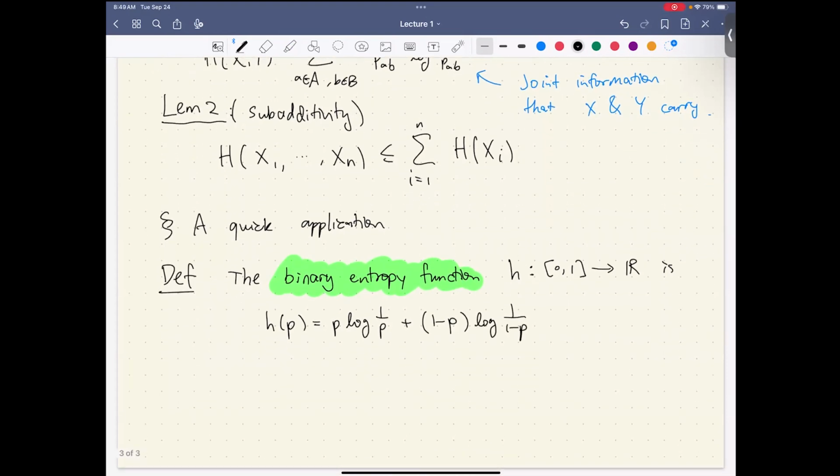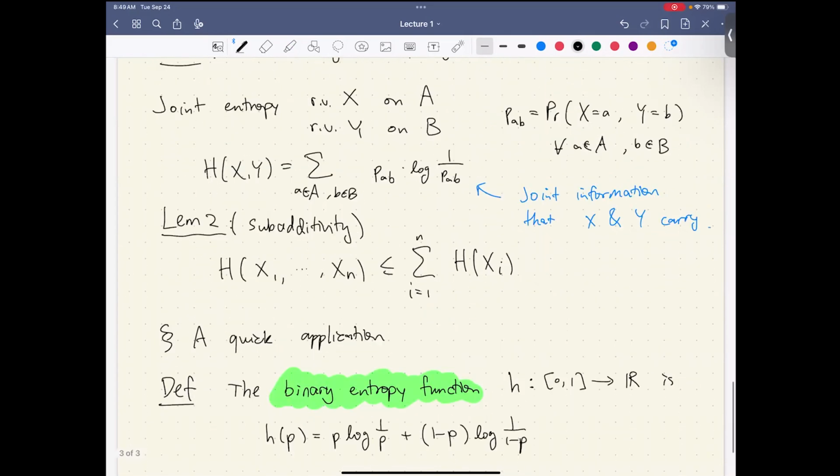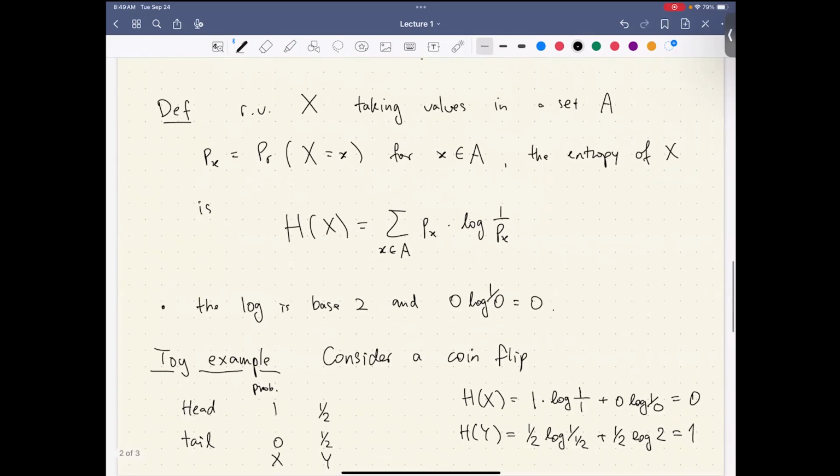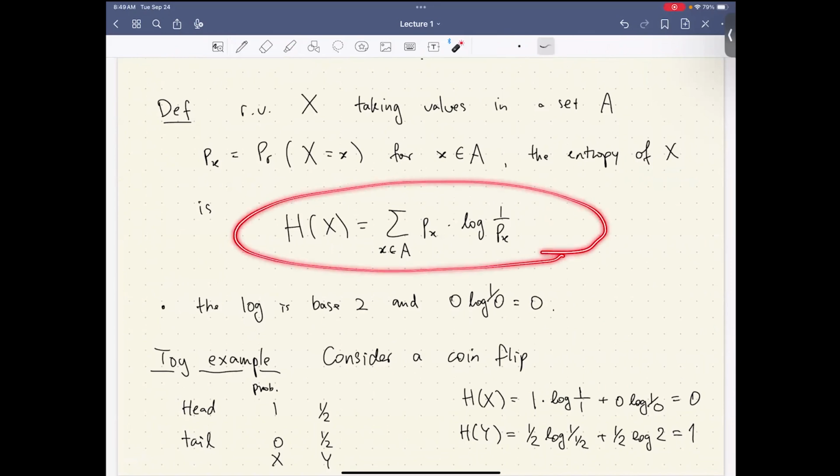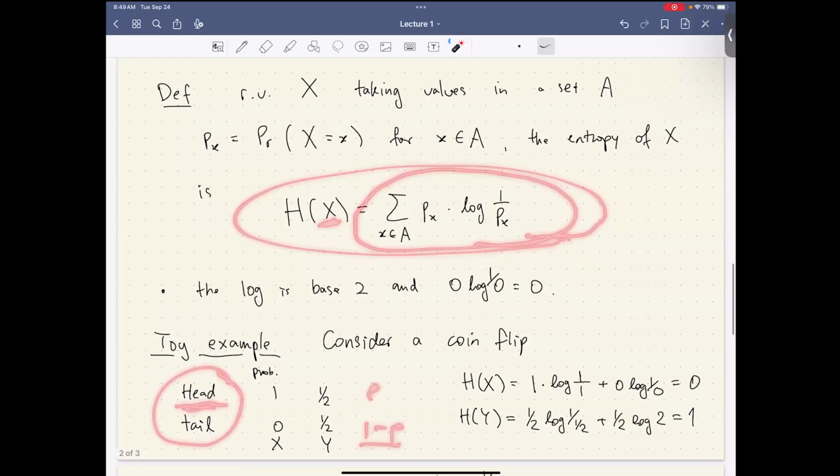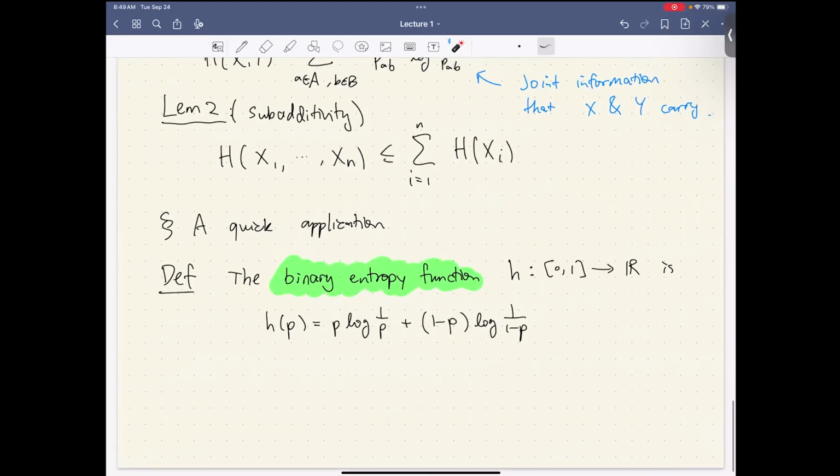Now, if you recall our definition of the entropy, you will notice that if we define x as a coin flip where heads has probability p and tails has probability 1 minus p, and you plug in this definition, that's precisely little h(p). So what this means is that the binary entropy function is defined so that the value of h(p) is precisely the entropy of a Bernoulli random variable with probability p.